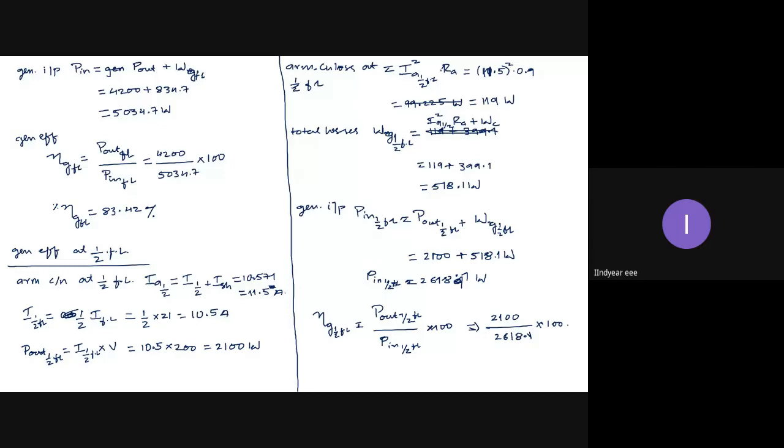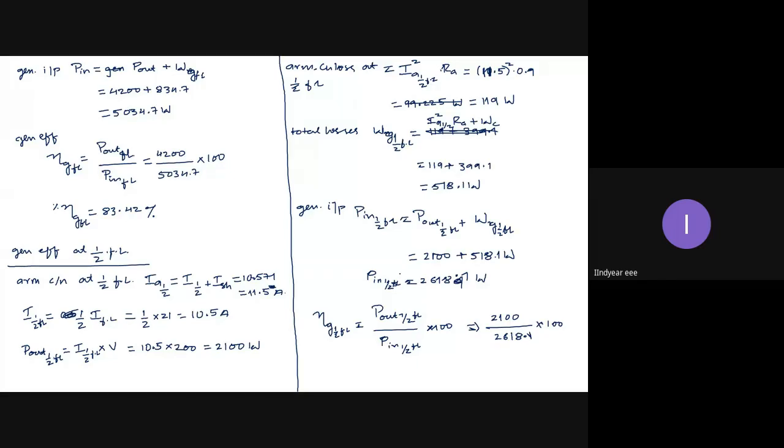And this is not half the input taken at full load. 2618 is not half the value of 5034. So when the load condition is partial, less than full load, more of the input is utilized to satisfy the losses.